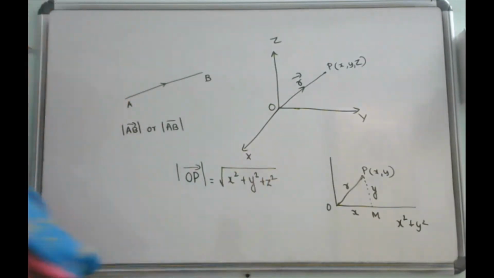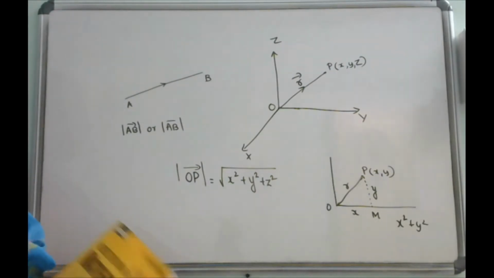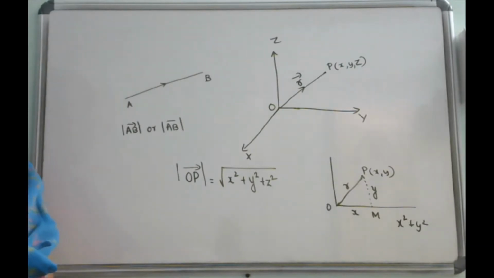That is how we find its length. So r can be written as equal to root of x square plus y square plus z square.